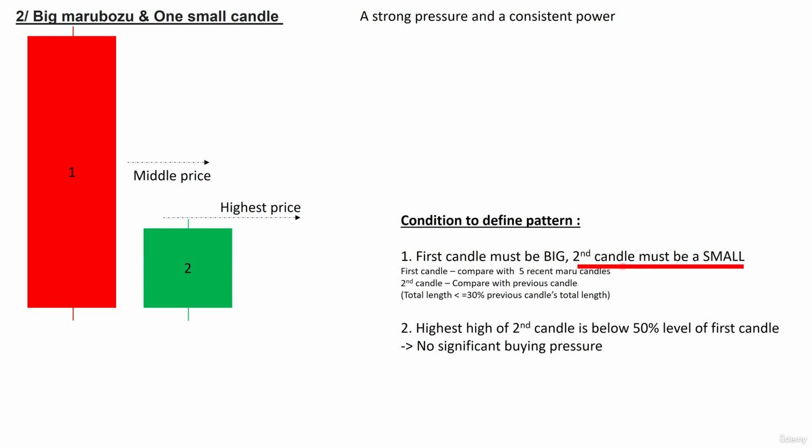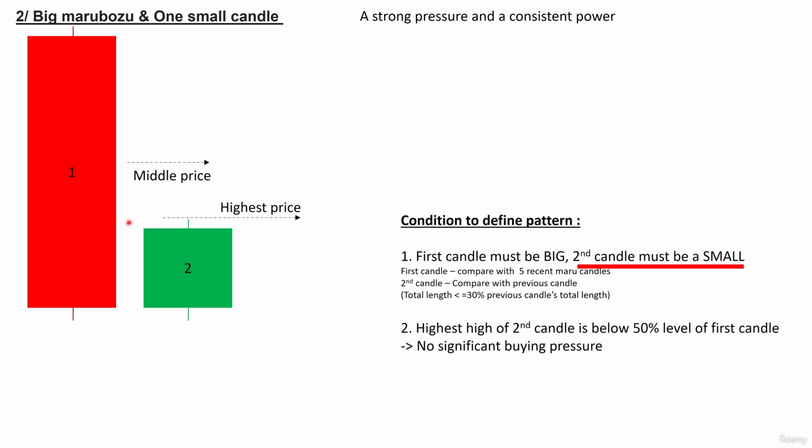Thus the second candle must be small, and to confirm the second candle is a small candle, you need to compare the total length of the second candle, from high to low, with the total length of the first candle right over here. The total length of the second candle must be smaller than 30% of the first candle's total length.